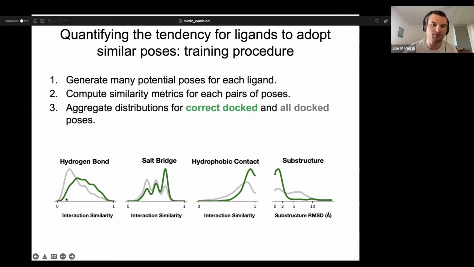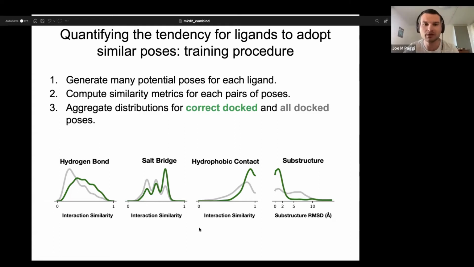To focus back on this hydrogen bond, what we observe is that the correct docked poses generally have a higher degree of similarity to each other than if you look at all of the docked poses. So this is telling us that the ligands tend to form similar interactions more often than is predicted by physics-based docking on its own.